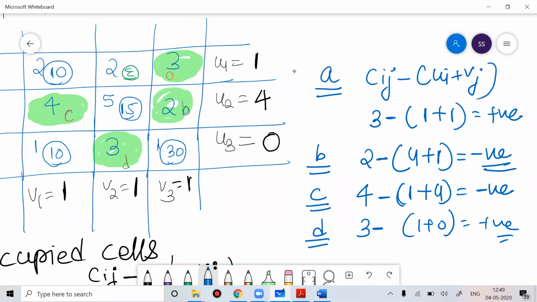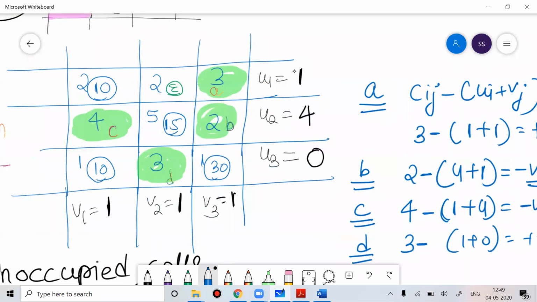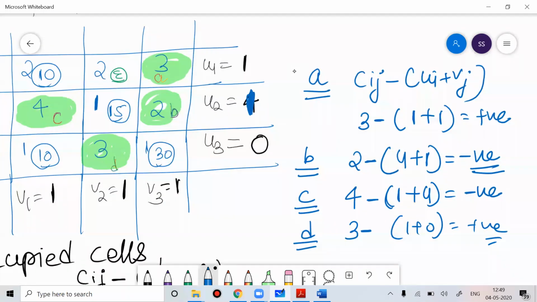Clear? Sorry guys, this was 1, not 5. So because this is 1, A is fine.